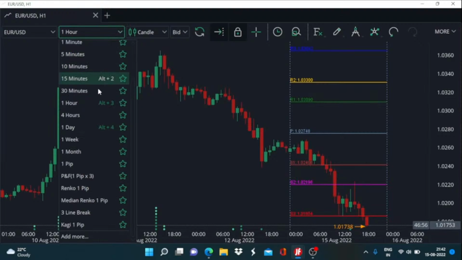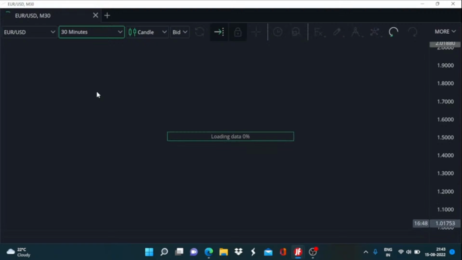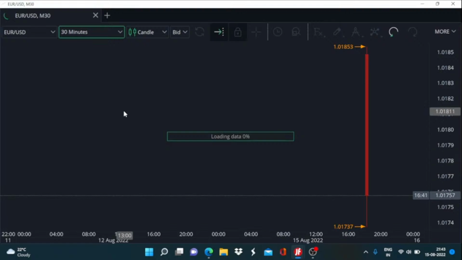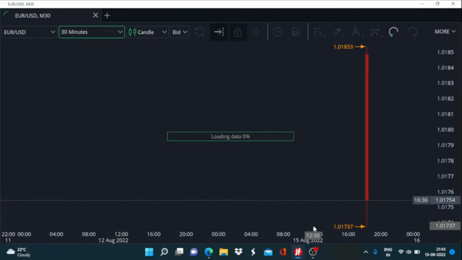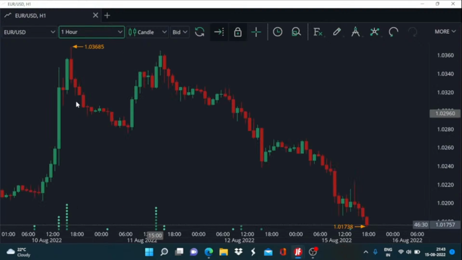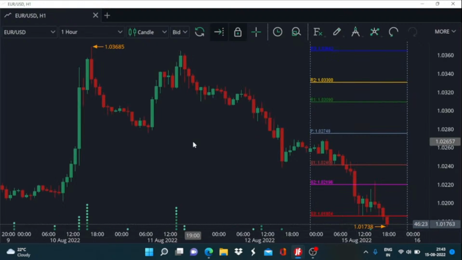Let us change the time frame to 30 minutes. I have restored it back to the hourly time frame. Still, we are not really seeing the historical levels.